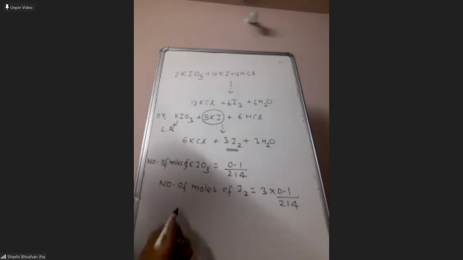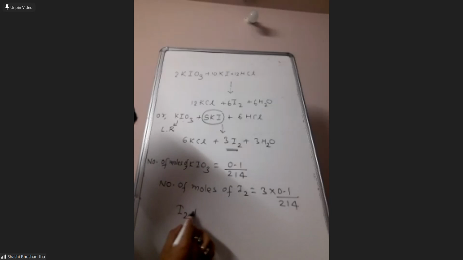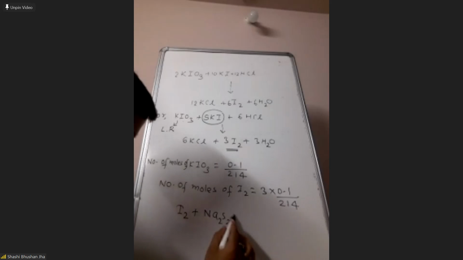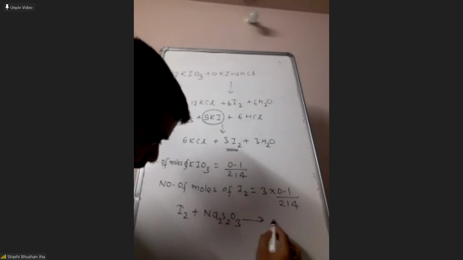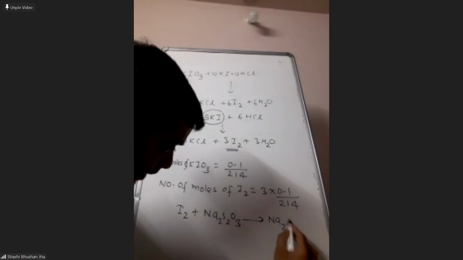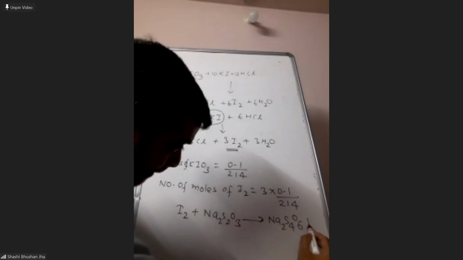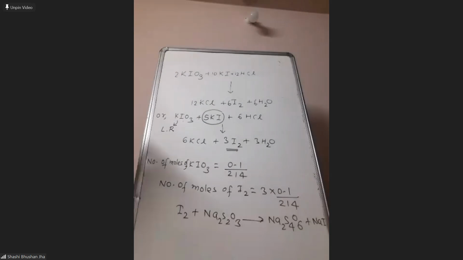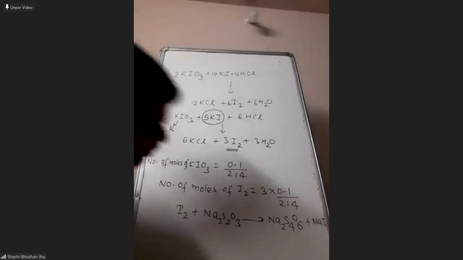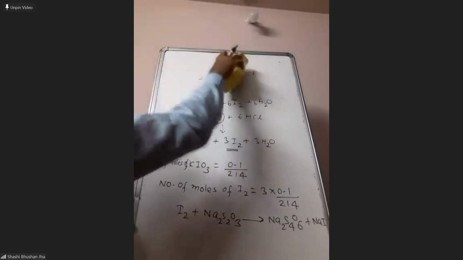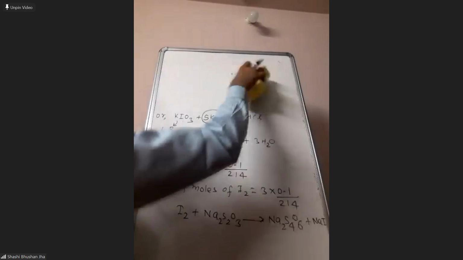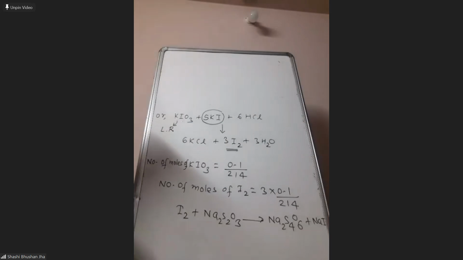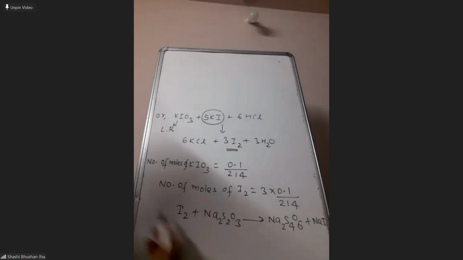Now this iodine which is liberated is titrated with sodium thiosulfate, and that reaction is very well known to you. If you want, you can balance this equation also and proceed through mole concept.